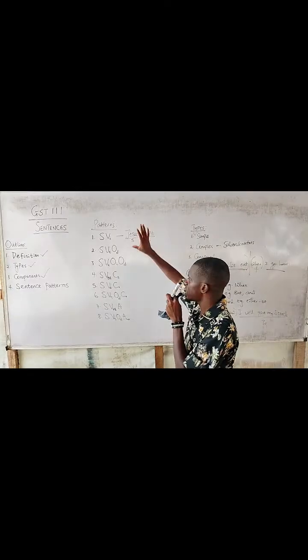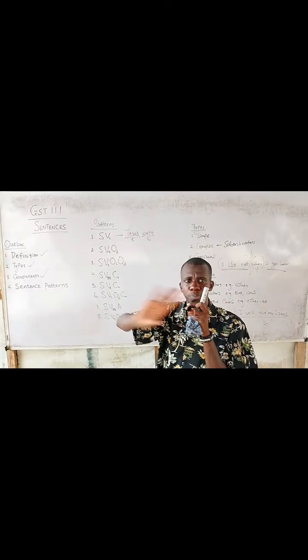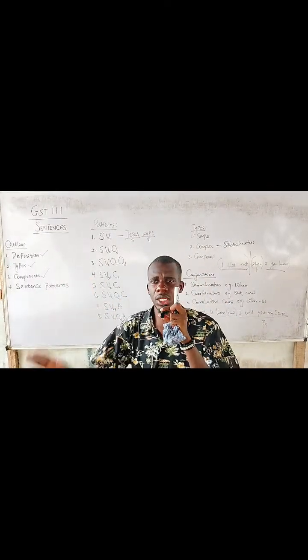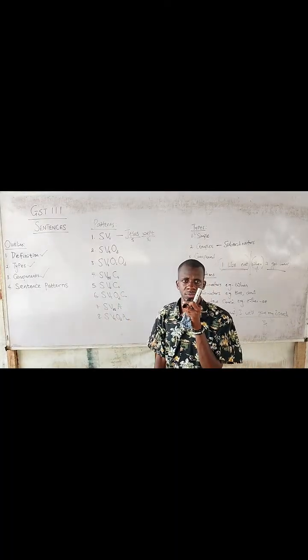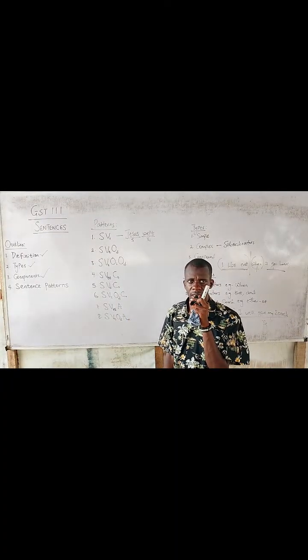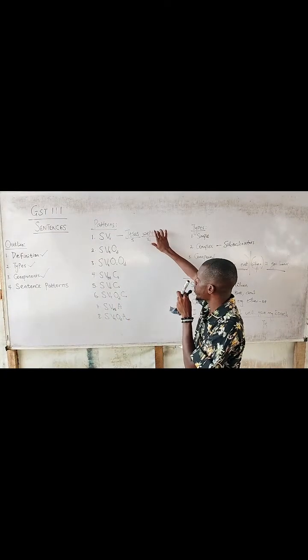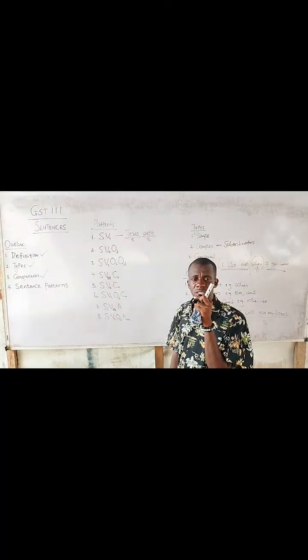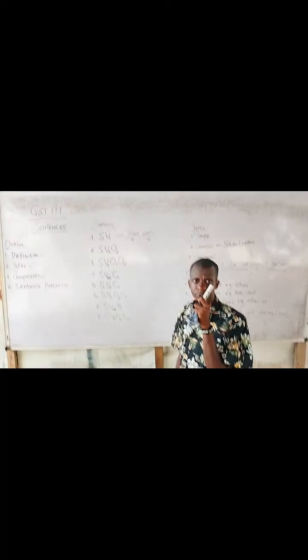The sentence in itself is expressing a complete thought. Jesus wept, meaning he cried. You see that? Excellent. So this is an example of intransitive verb usage in sentence construction.